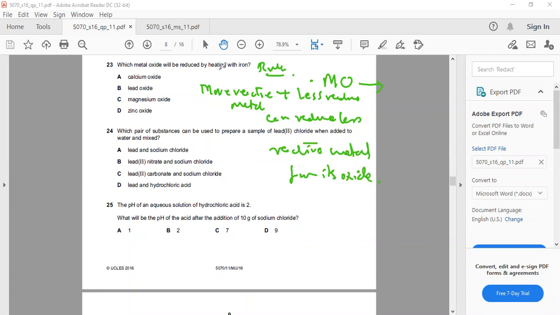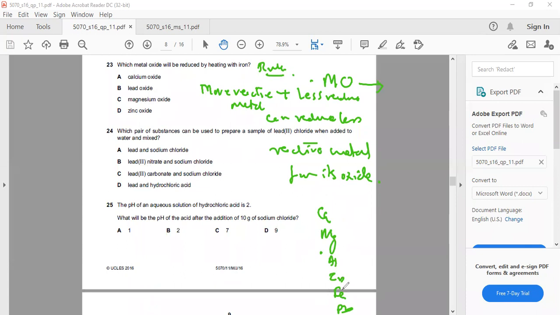The question is iron. Iron is below calcium. So what should be the answer? It should be potassium, calcium, magnesium, aluminum, zinc, then iron, and then lead is there.